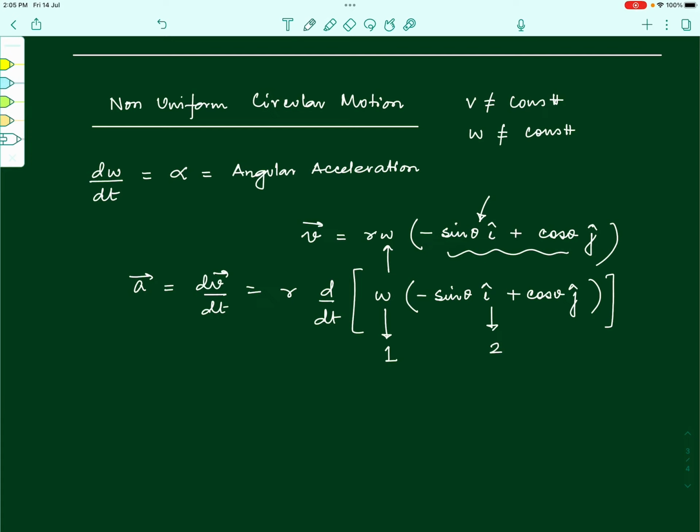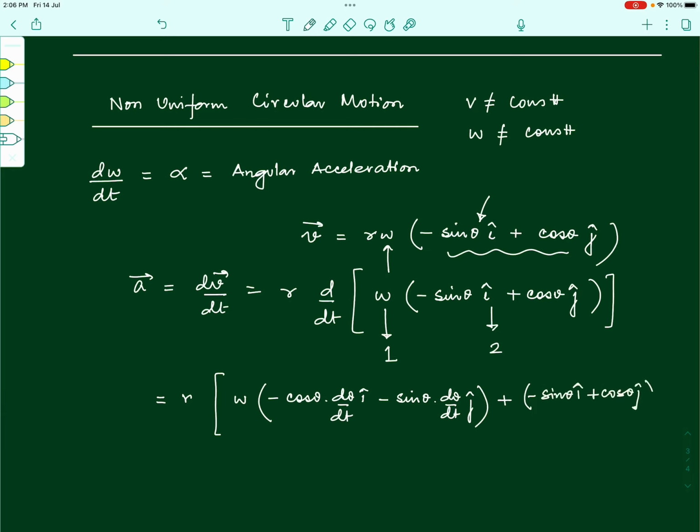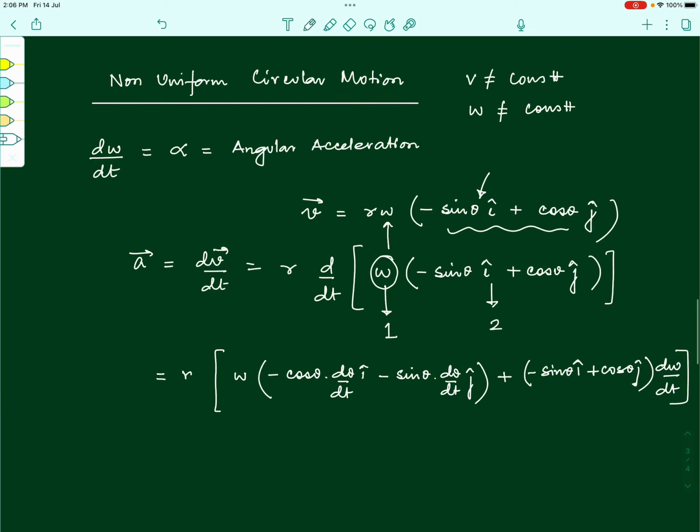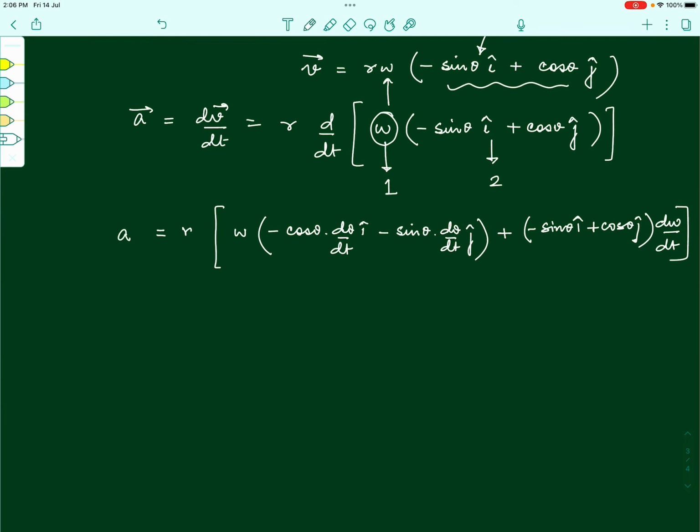So this gives us r into first function omega into differentiation of the second, which would give us minus cos theta into d theta by dt i cap minus sine theta into d theta by dt j cap, right? Plus the second function into the differentiation of the first. Omega's differentiation will be d omega by dt. So this is what we are getting as our complete expression upon differentiation.